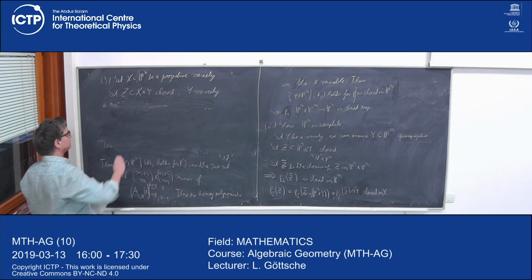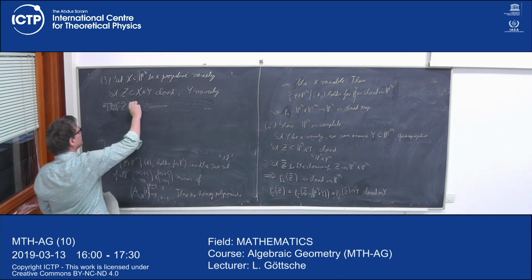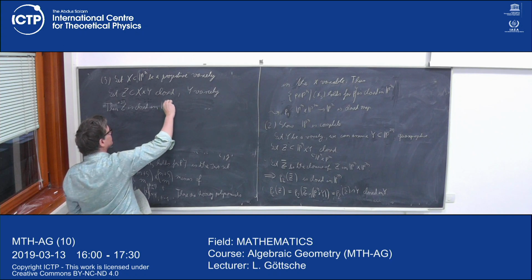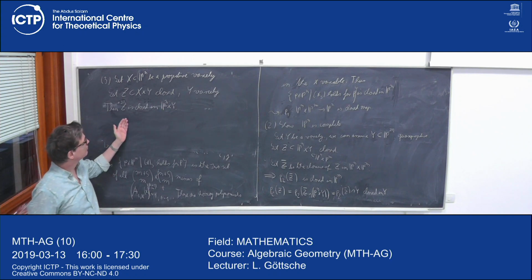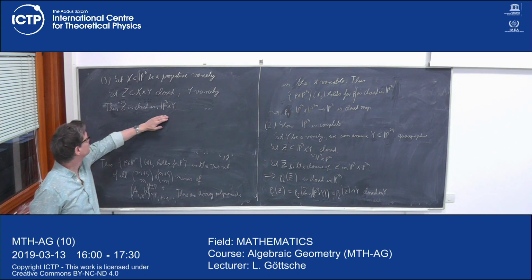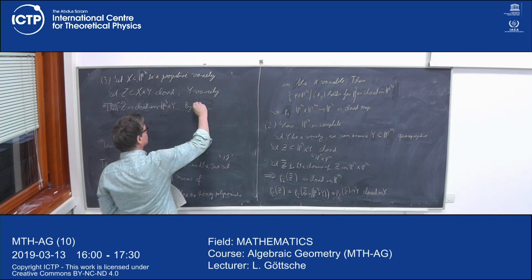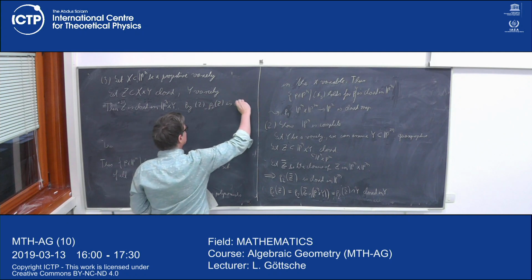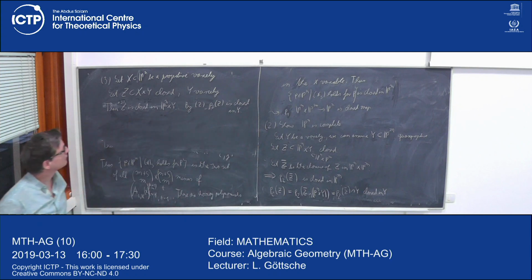So thus Z is closed in Pn times Y. And so therefore, by part 2, the second projection of Z is closed in Y. So this is even kind of trivial.